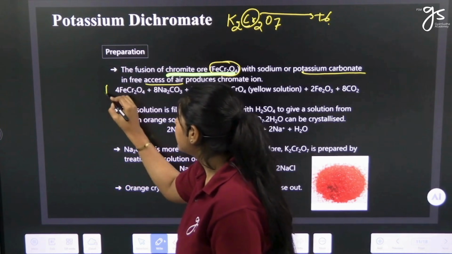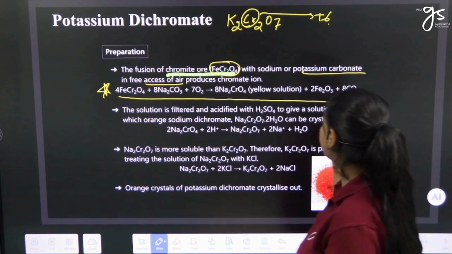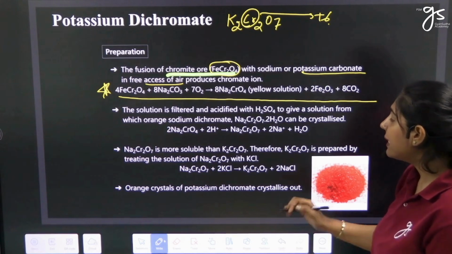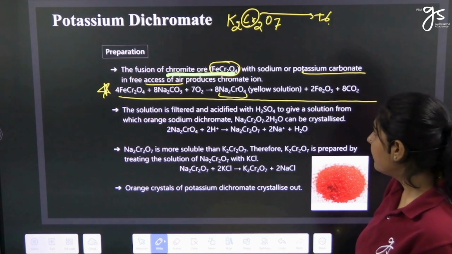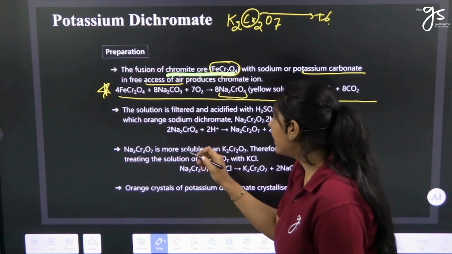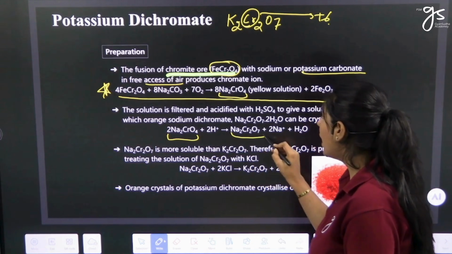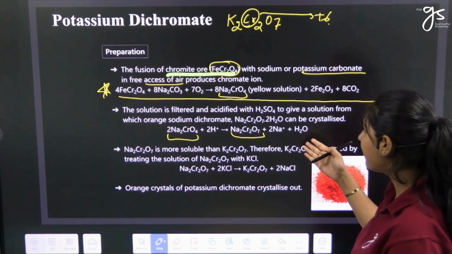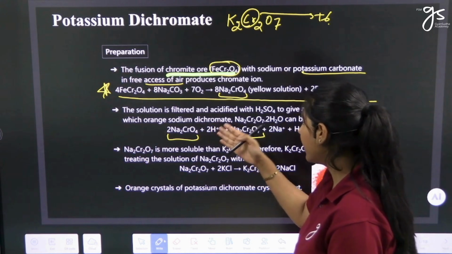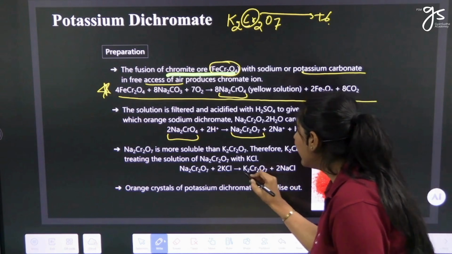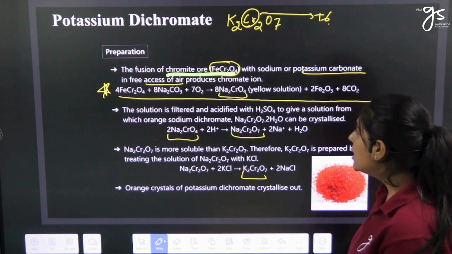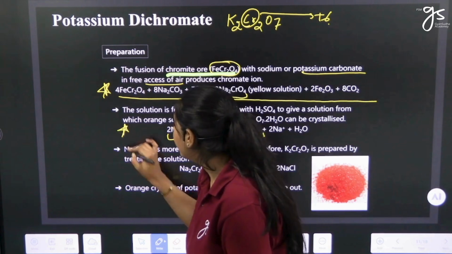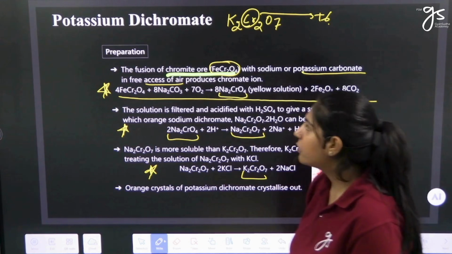So you can see the reaction over here, and we get sodium chromate, and after that this converts to Na2Cr2O7, that is orange sodium dichromate, and lastly it converts into potassium dichromate. Yeah, so these are the 3 steps involved in the formation of potassium dichromate.